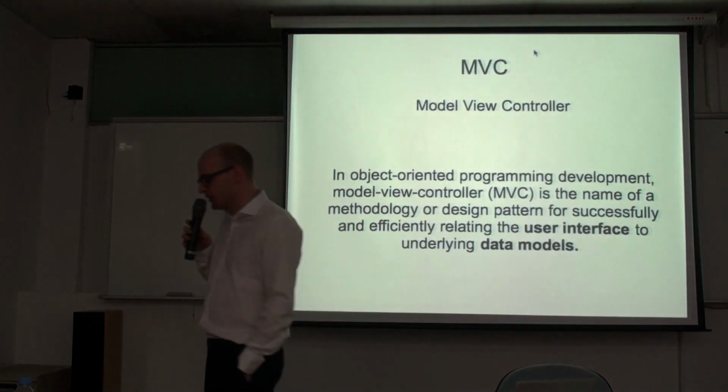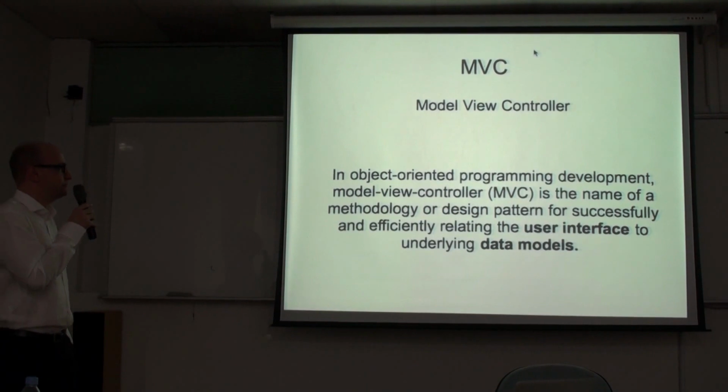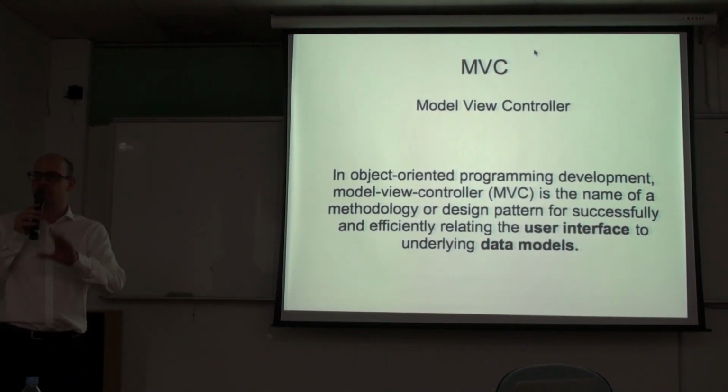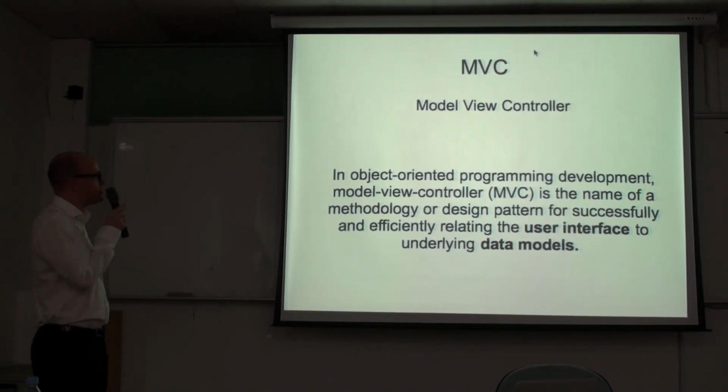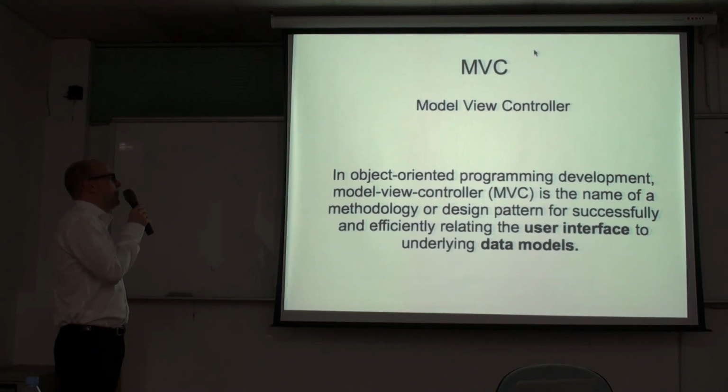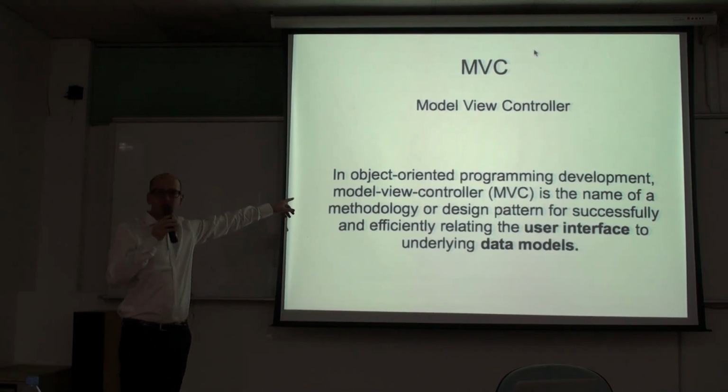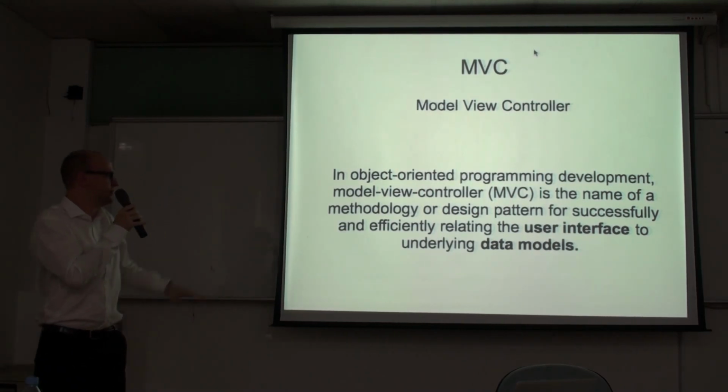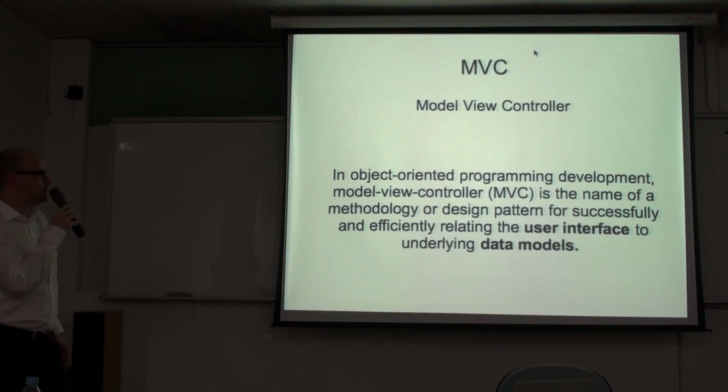Okay, so MVC. Only a couple folks in the room didn't know what it was. This is the official definition of it, and I'll try to explain what it means.